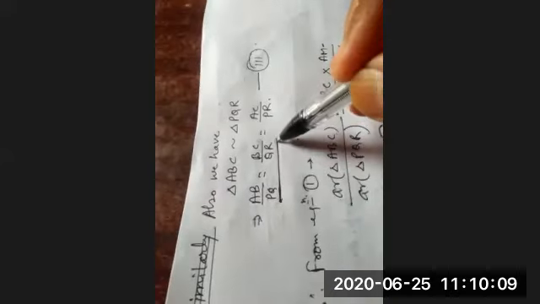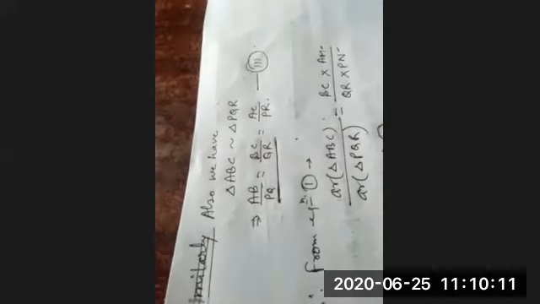Yes, sir. Therefore, area of triangle ABC divided by area of triangle PQR is equal to BC by QR into, now AM by PN can be replaced by AB by PQ. Okay, now AB by PQ can be replaced by BC by QR.